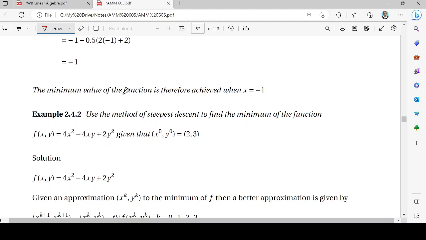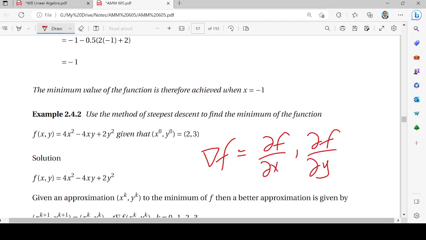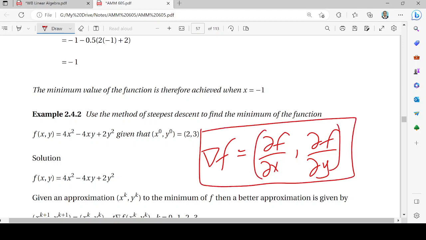When we write the gradient of f, this will be the partial derivative of f with respect to x and the partial derivative of f with respect to y. We are going to have two elements there, so this is a vector with two elements.